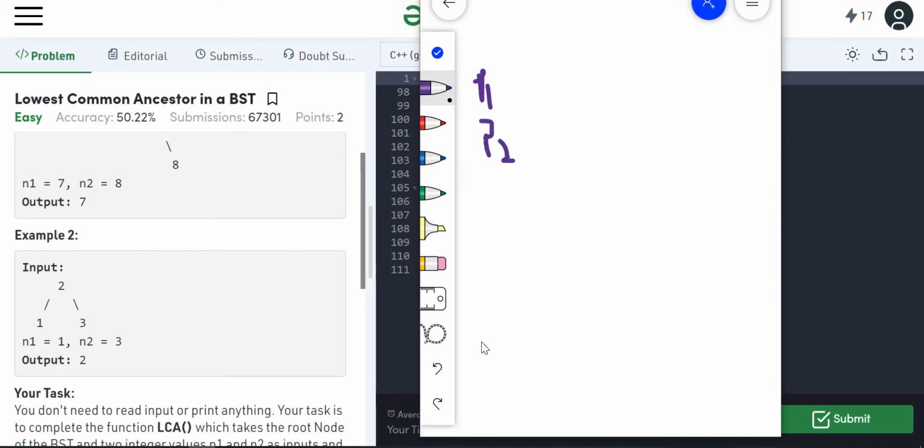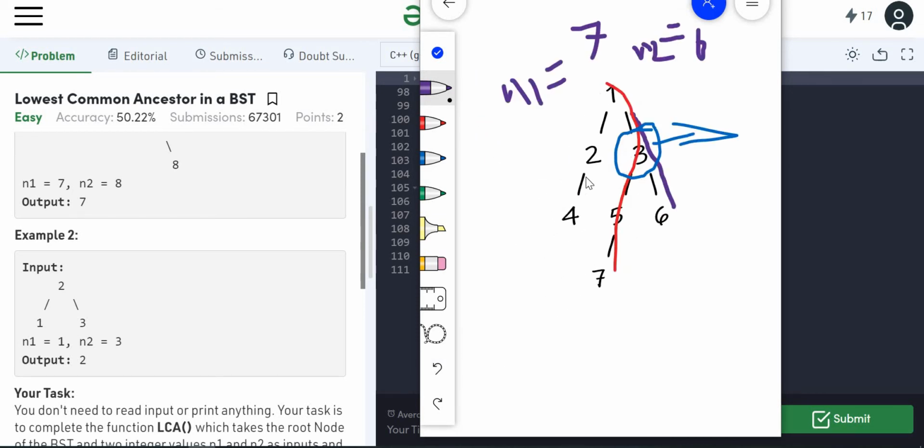If you start traversing from 7 to 5 then 3 to 1, you store this path in the p1 vector.